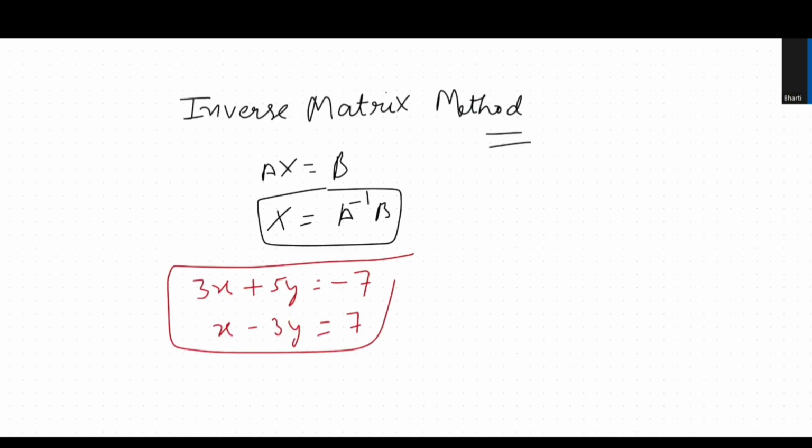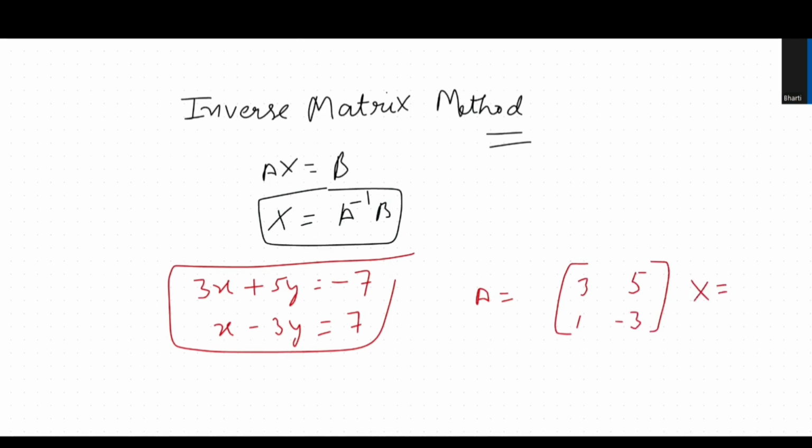So for this, A we have 3, 1, and 5 and -3. And then x we have x and y. And then we have B, which represents the -7 and 7.